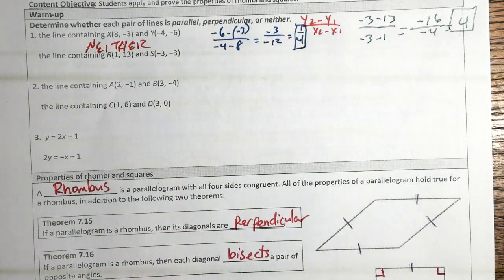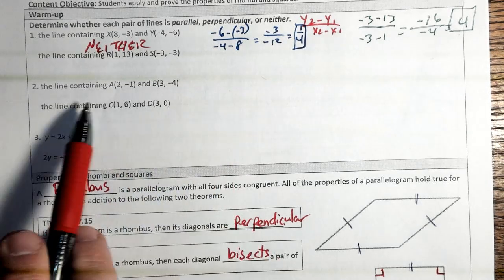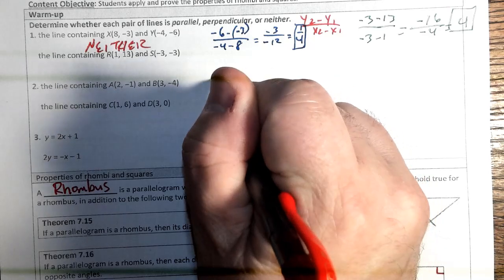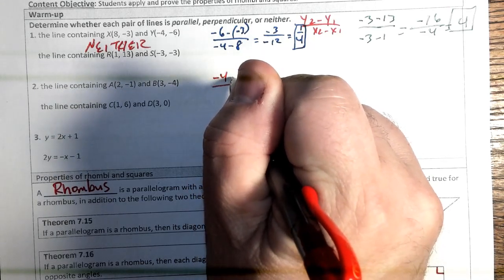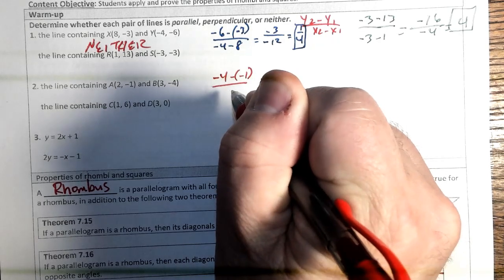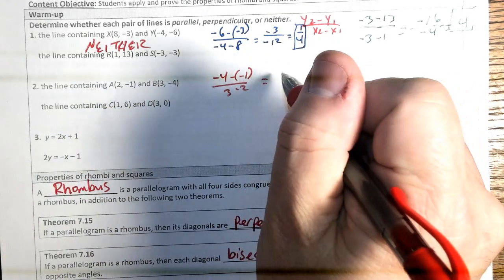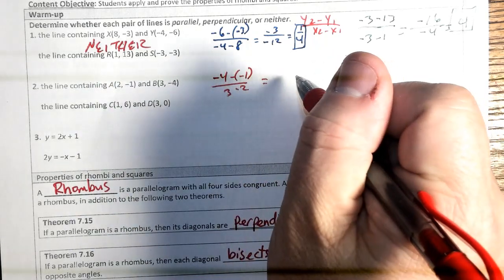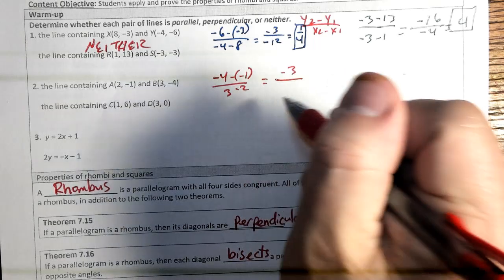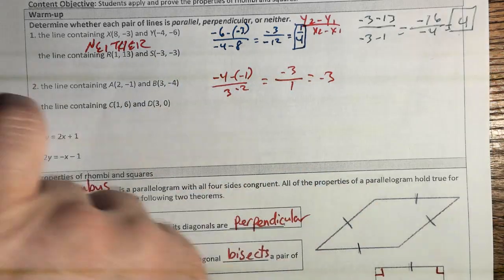All right, we'll change colors here. For the second pair, we have AB. So -4 minus -1 on top, and 3 minus 2 on the bottom. That's -3 on top, and on the bottom we have 1, so this is -3.